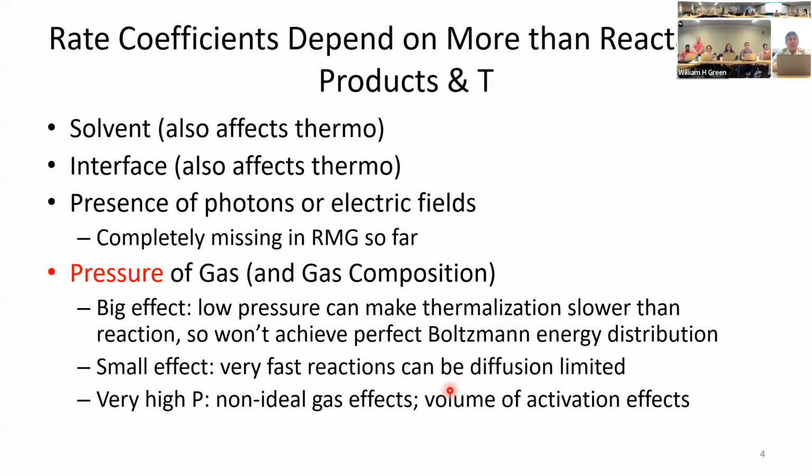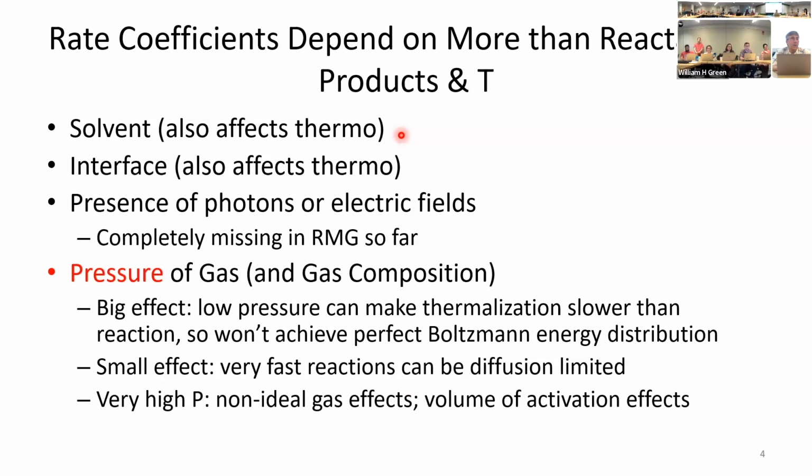It's that the rate coefficients, the ks, are not really rate constants. It's definitely good to call them rate coefficients, because they're not constant. And they depend on more than what the reactants are, what the products are, what the temperature is. They, of course, depend on the solvent. And you all know that, kinetic solvent effects.